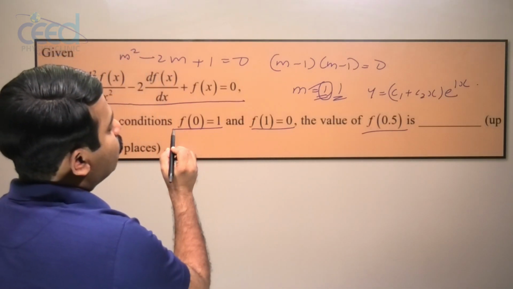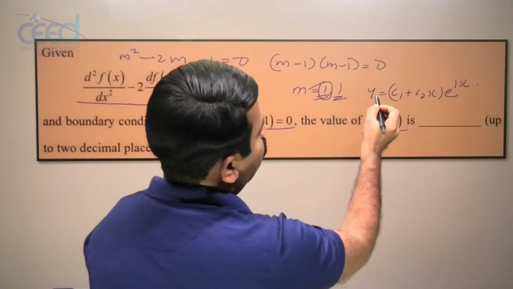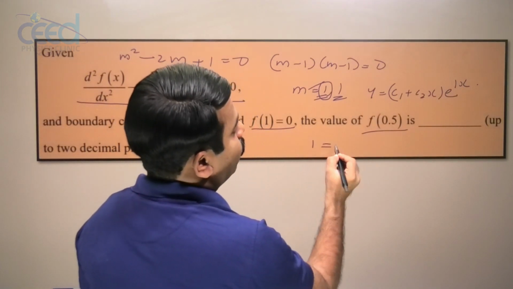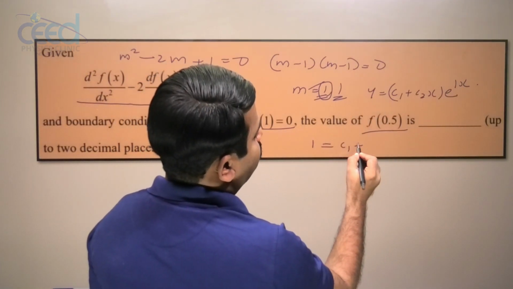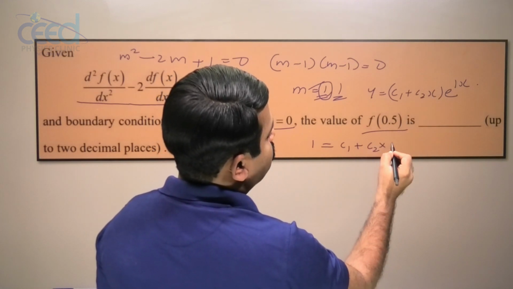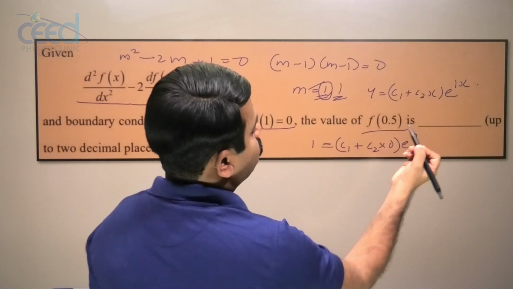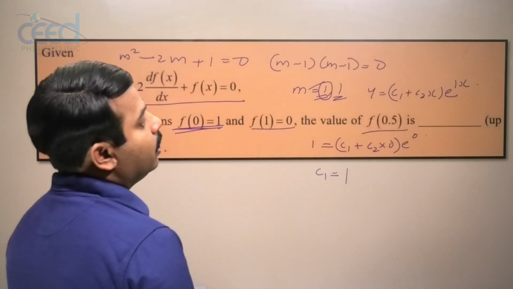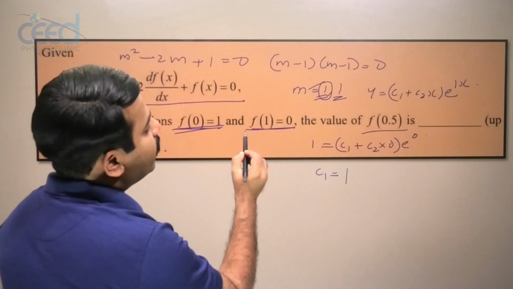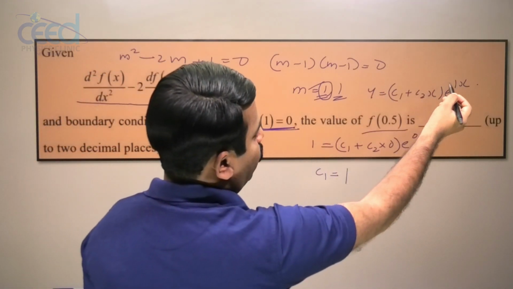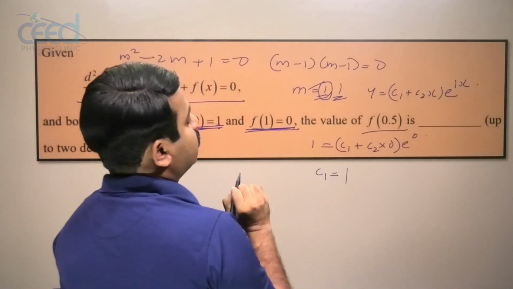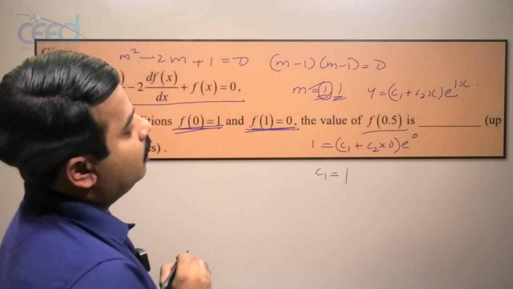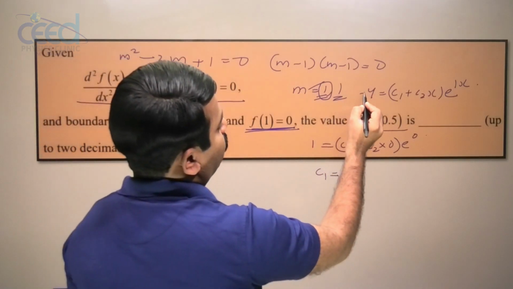Now f of 0 is given as 1, which means put x is equal to 0, then y value is 1. So 1 is equal to c1 plus c2 into 0, e raised to 0, so c1 is equal to 1. Next, f of 1 is equal to 0, so put x is equal to 1, where y is only f of x.